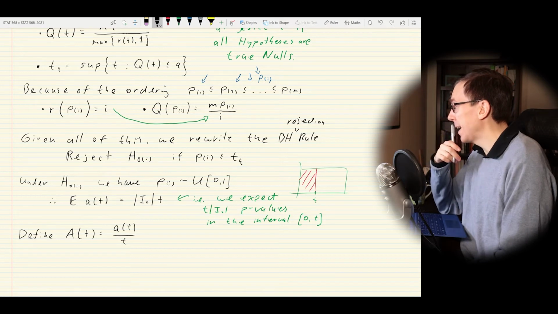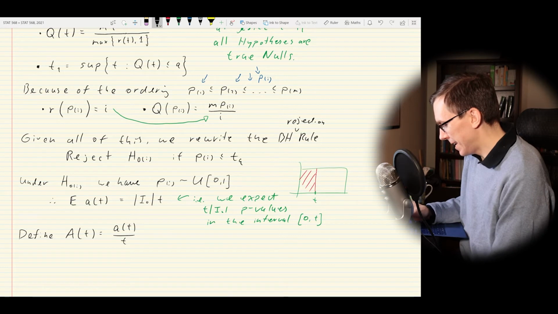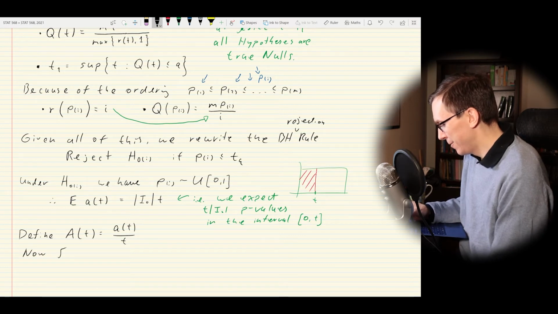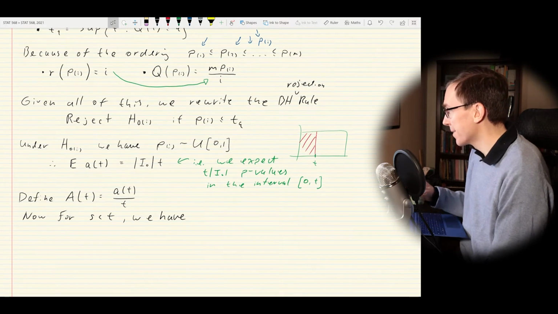What it means is we have some interesting properties. We can say now, for s less than t, we have a couple different things.